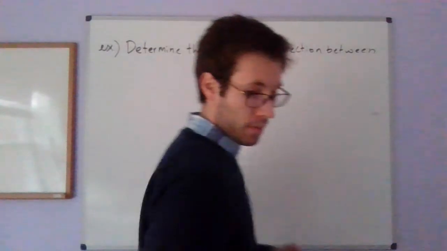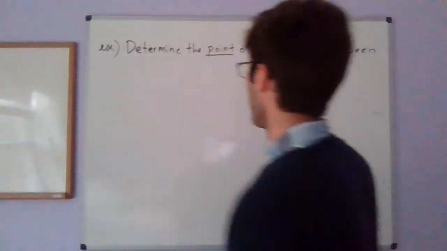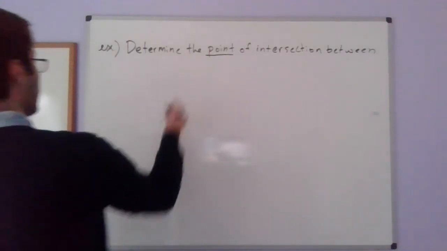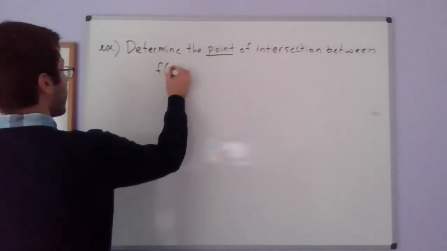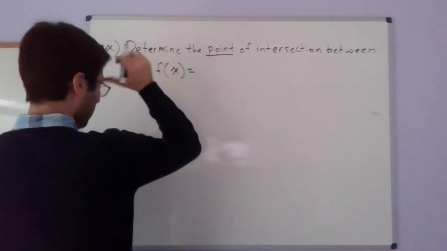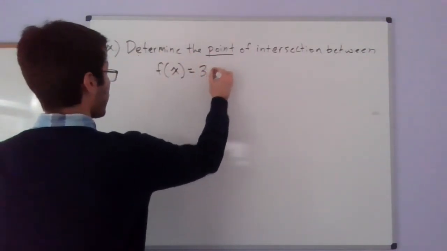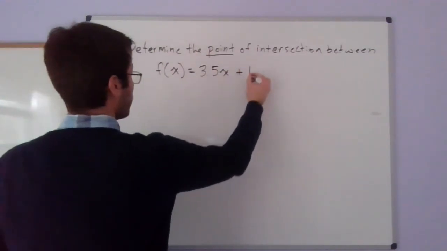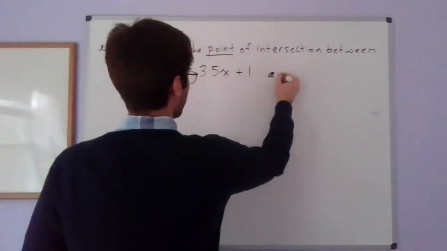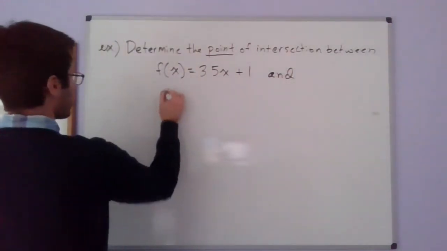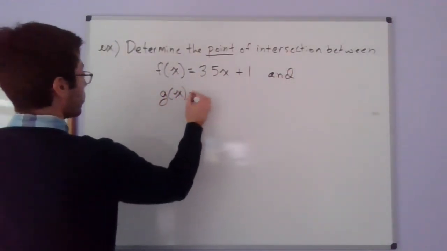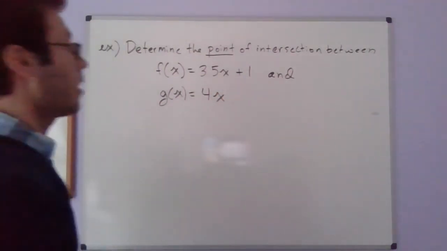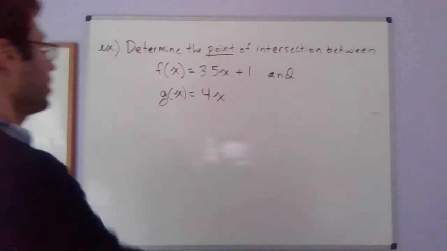Let's say we were asked to determine the point of intersection between f of x is equal to 3.5x plus 1 and g of x is equal to 4x. So let's say we're asked to figure out what the point of intersection between these two functions is.